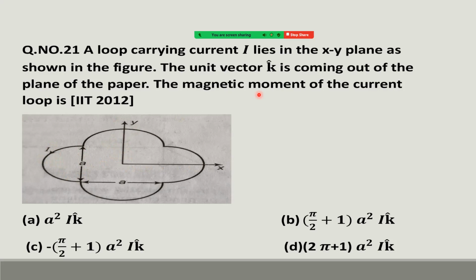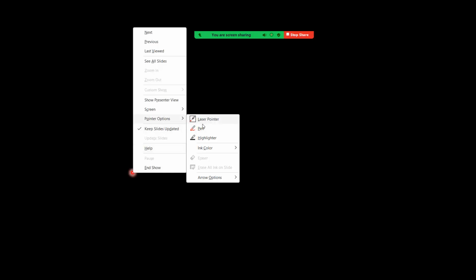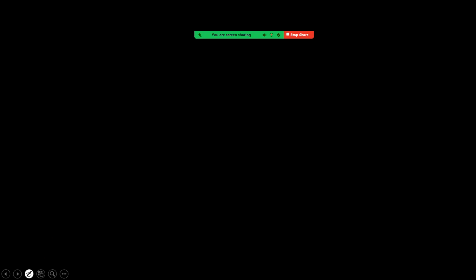Let us see how to start. First of all, see the given diagram. So in this, we have to calculate magnetic moment, which is given by m bar equal to I n a bar.